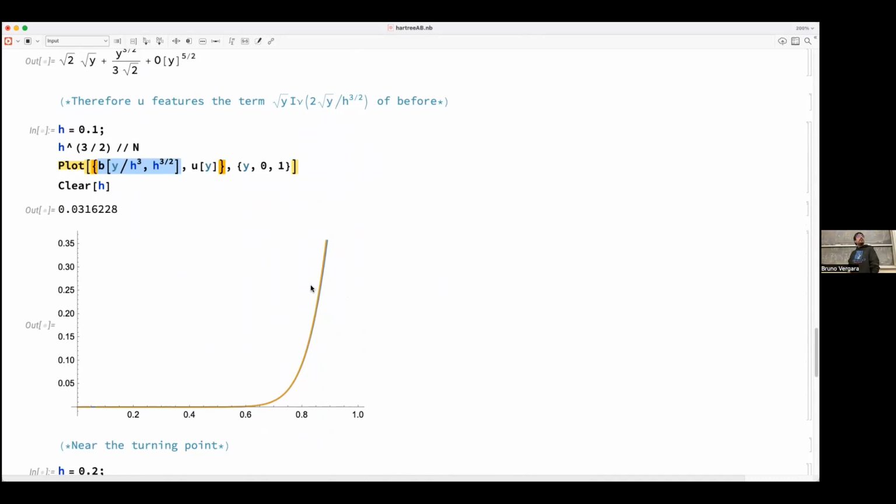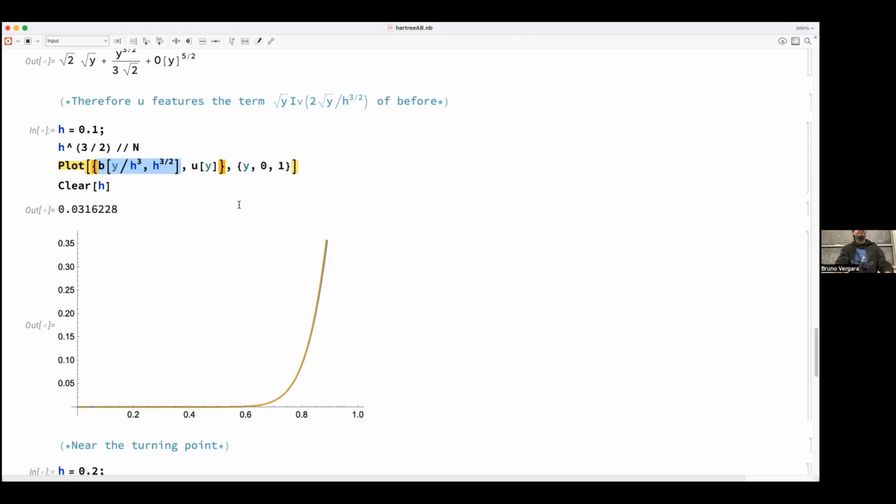Actually, can you go a little bit further? Which range do you want, Javi? I don't know, bigger. It's not going to work, because then I would have to implement the part that it is built upon to the right of the turning point.